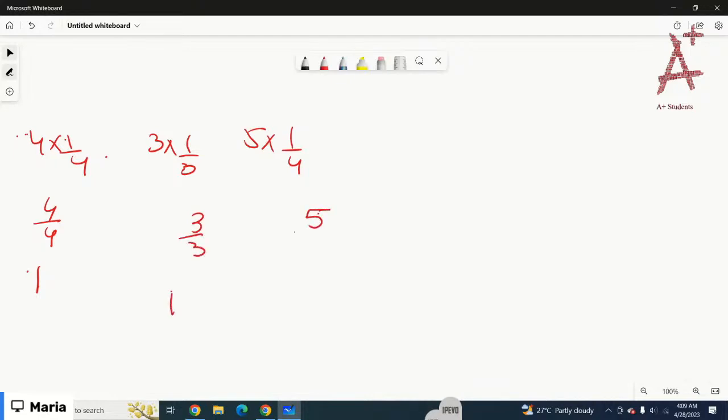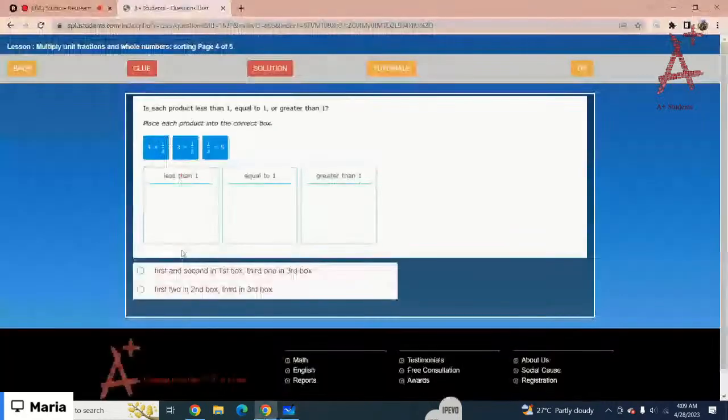And 5 over 4 equals 1.2 something. So the two of them are equal to 1, and the third one is greater than 1. So the first and second one would be in the second box because they are equal to 1, and the third one is greater than 1, so it would be in the third box. Got it?